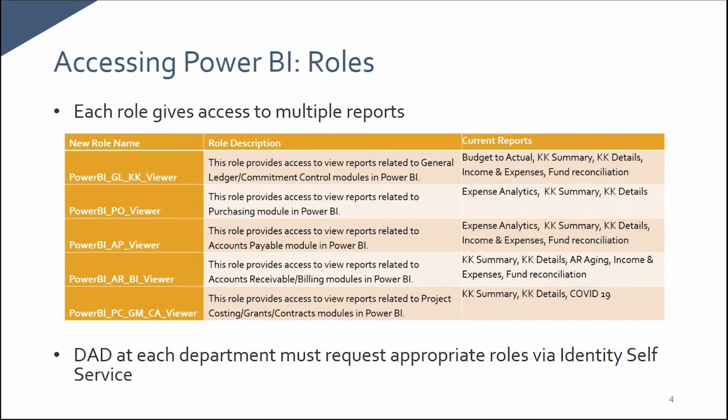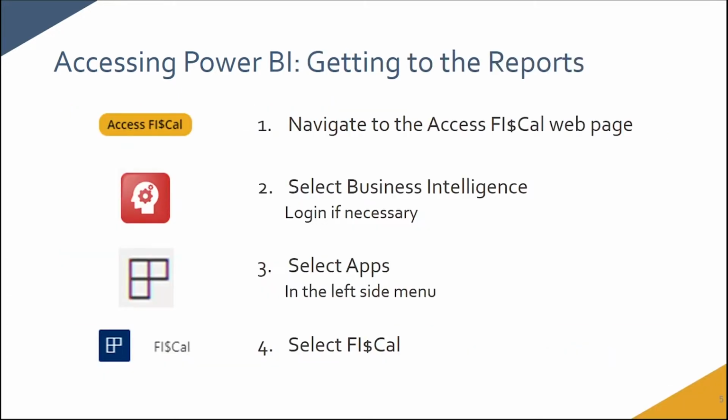Right. Well, first you have to get into Power BI, and the process is quite simple. 4 quick steps. You go to our main website and go to the Access Fiscal page. Select Business Intelligence on that page. If you're not logged in, you'll have to log in at that point. And then once you're in Power BI, you'll get a screen that will probably give you multiple ways to access reports.